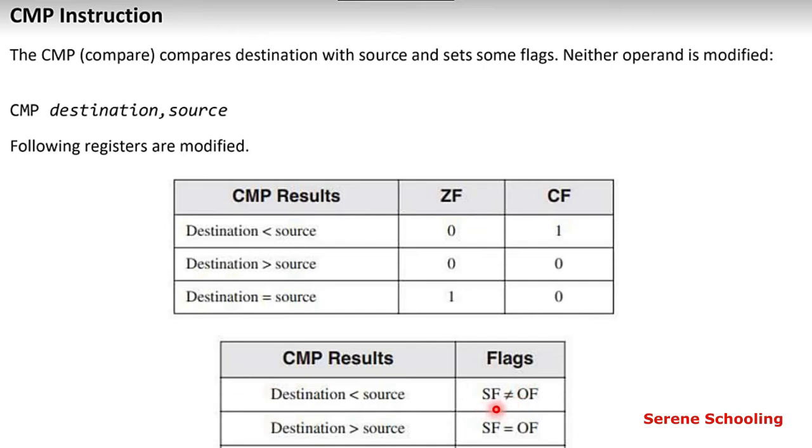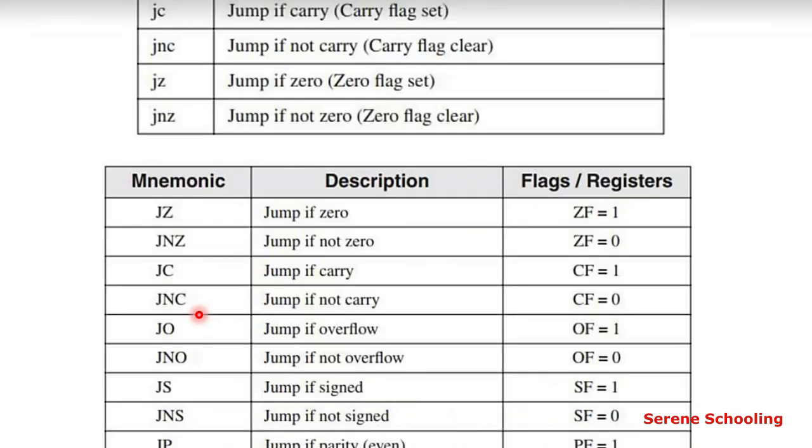The sign flag is set when the number is negative, and right now we don't know what operation we are performing or what result we are getting. We are just assuming that we can get any of these results, and after compare instructions, only the flags get activated or cleared, right? So this is all about the compare instruction, and then we can have some jump instructions.